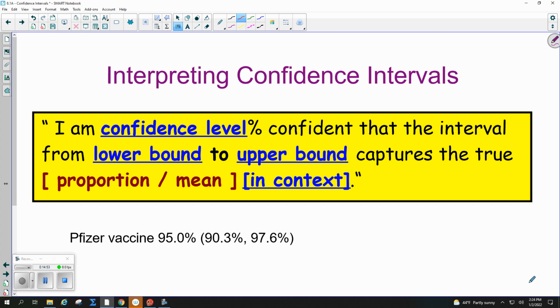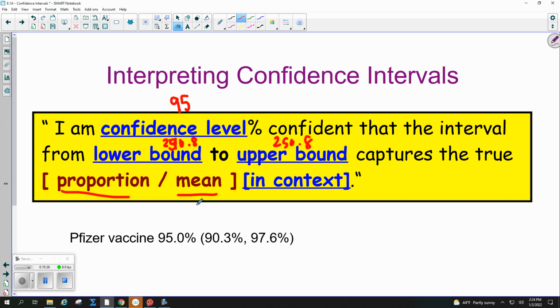I am blank % confident that the interval from blank to blank, so for the last one, we had 230.8 to 250.8, captures the true, and we're either talking about the true mean or the true proportion in context.